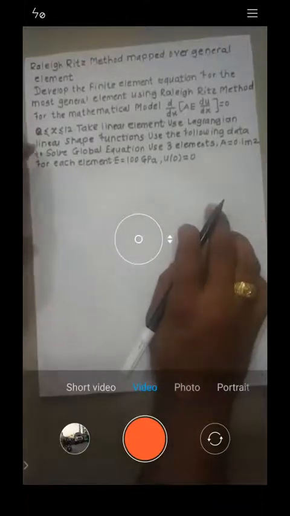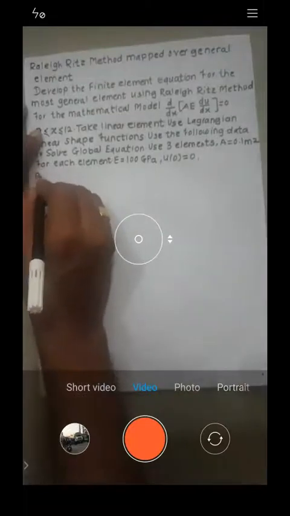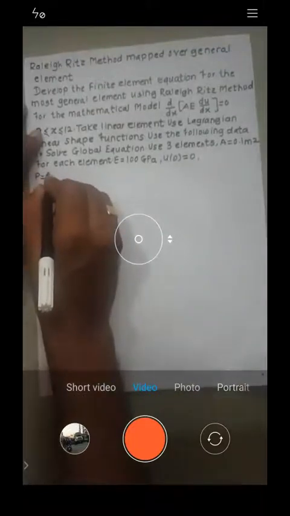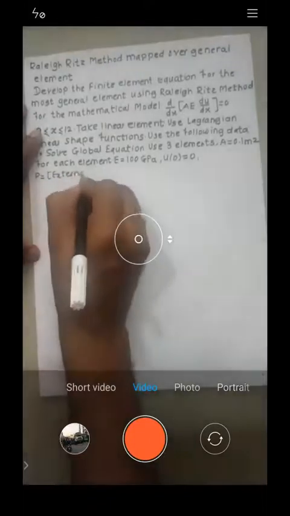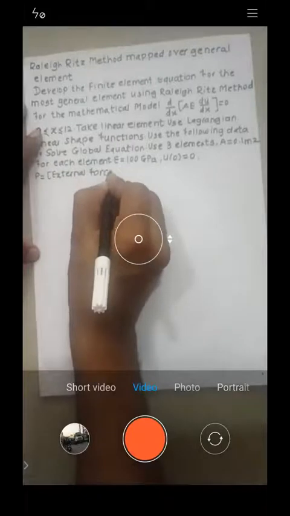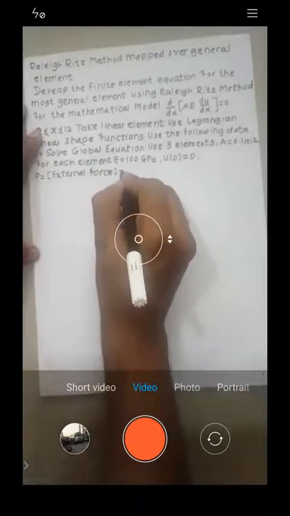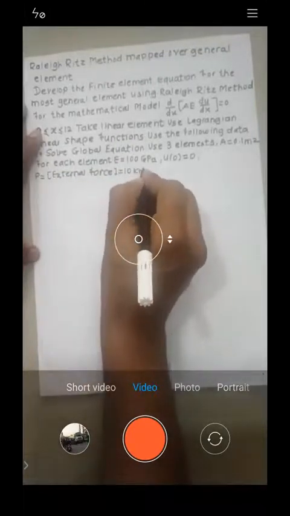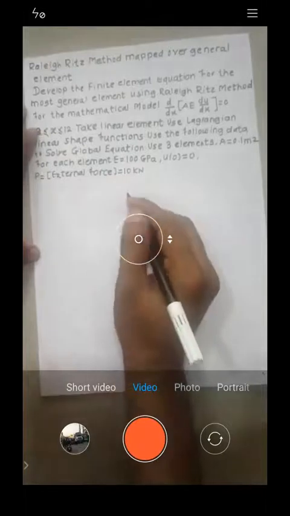U at x is equal to 0 is equal to 0. This is given. Try to understand the problem. P is the external force, and that is equal to 10 kilonewton.